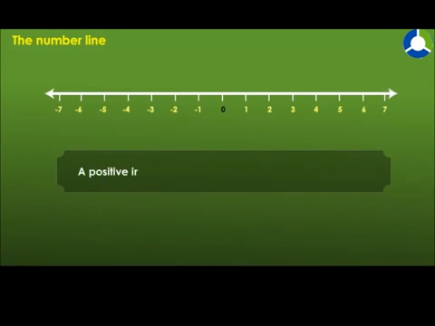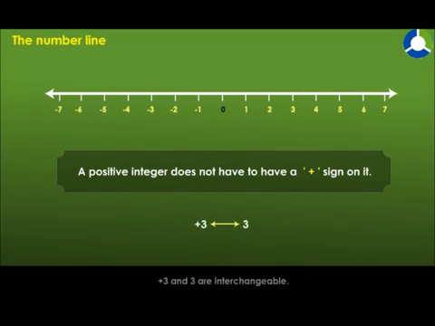Note, a positive integer does not have to have a positive sign on it. For example, positive 3 and 3 are interchangeable. A positive integer may be written with or without a sign. Opposites.